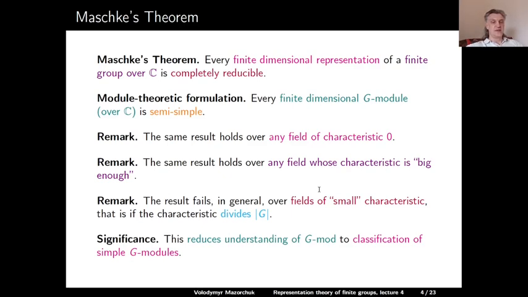As we have discussed in the previous lecture, the fact that all G modules are semisimple reduces understanding of G modules to classification of simple G modules, because then any other module is obtained from simples by forming direct sums.